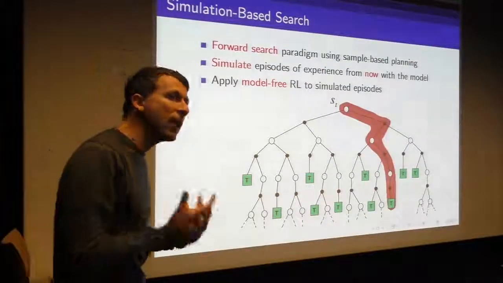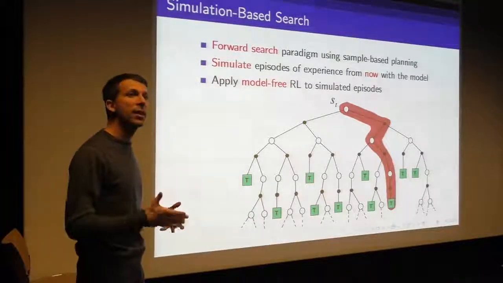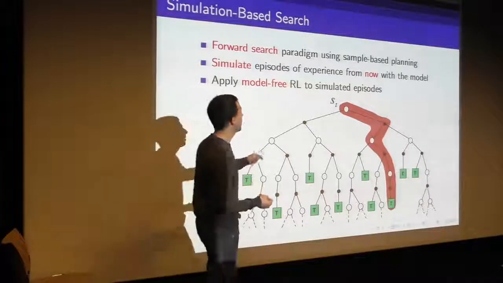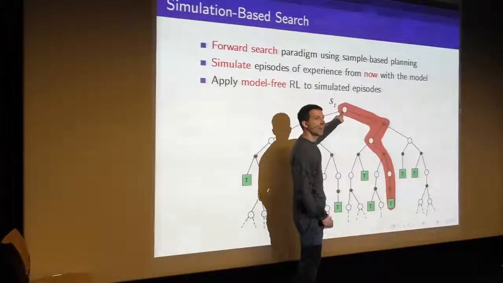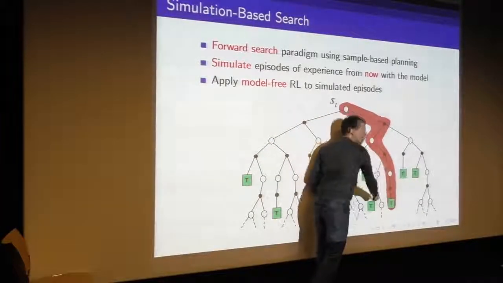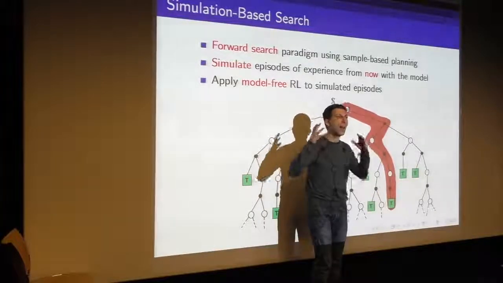So simulation-based search is a forward search paradigm that uses sample-based planning. In other words, what we do is we start from now and we imagine what might happen next. We imagine a trajectory of experience by sampling it from our model. So we literally say, right now I am in this situation.